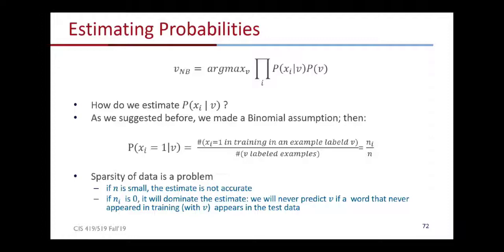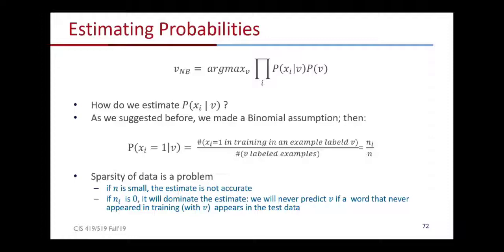So when we estimate probabilities, we typically estimate it this way. We use the binomial assumptions. So the probability of xi given v is the number of observations, ni, over the number of labeled examples, n. But we can suffer from sparsity.